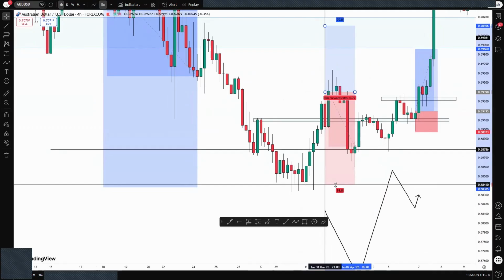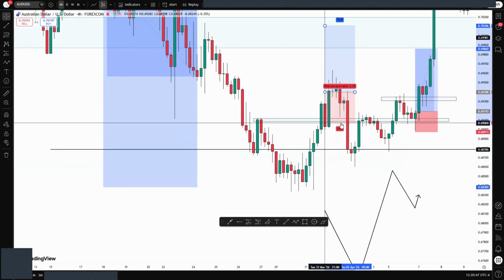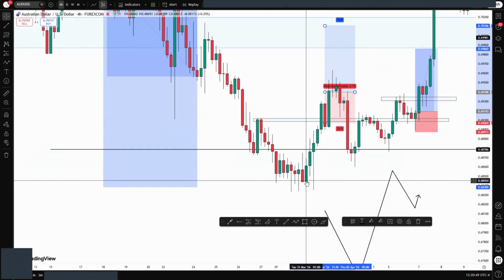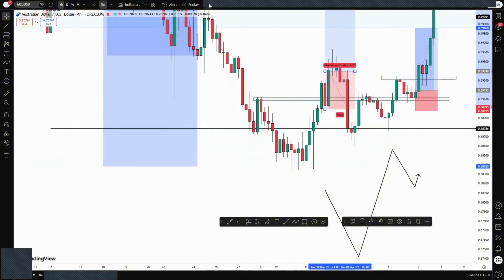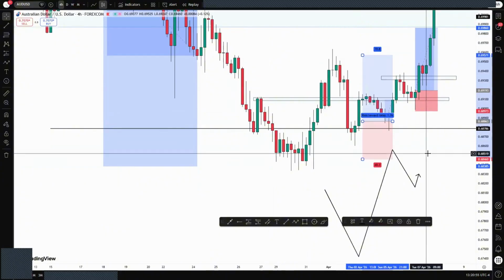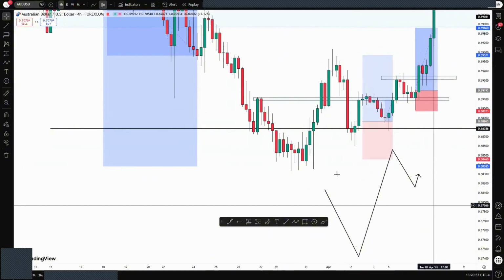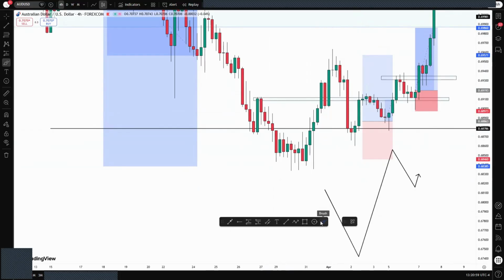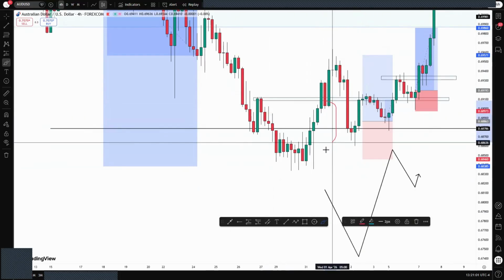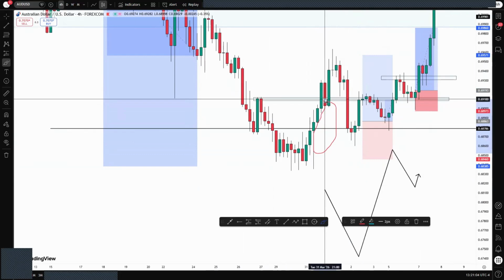And even if it takes you out, there's no problem with that, okay? Because price has every right to come back here. You see? That's why I always prefer price tries to respect this level here. Okay.